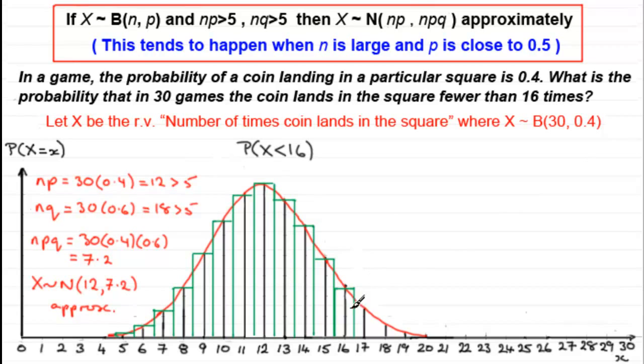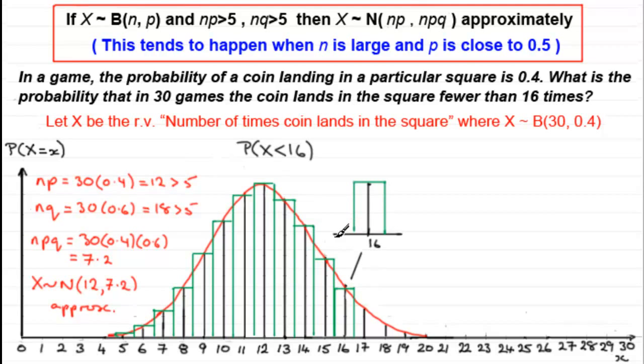So we're looking at the probability being less than 16, and so we've got to think of this rectangle here, which I'll highlight and make a bit larger. We're looking at 16, and we've got its probability up through here, and we've got the rectangle drawn round the 16 of unit width.